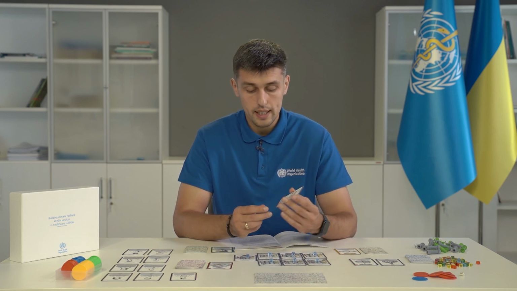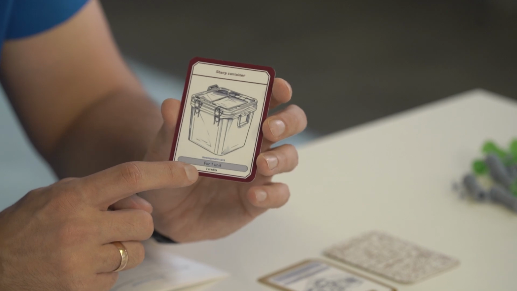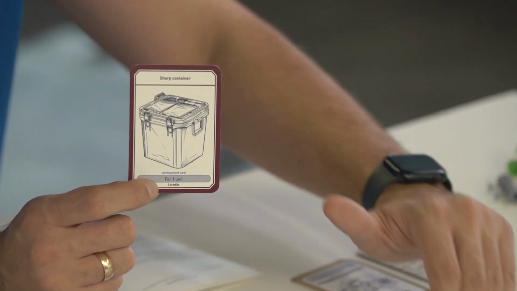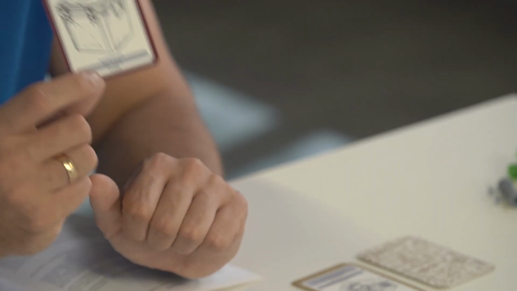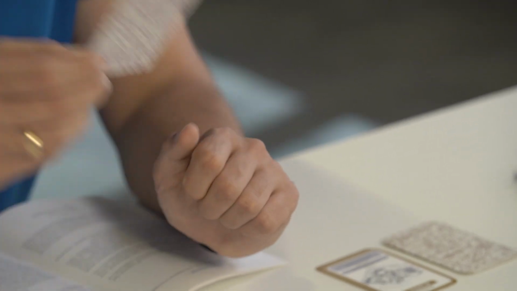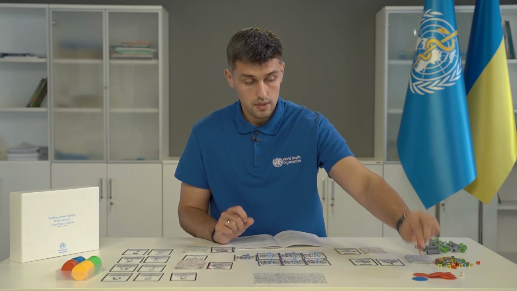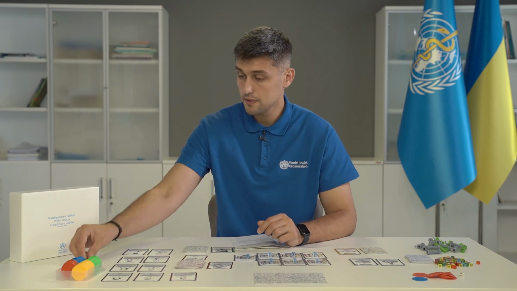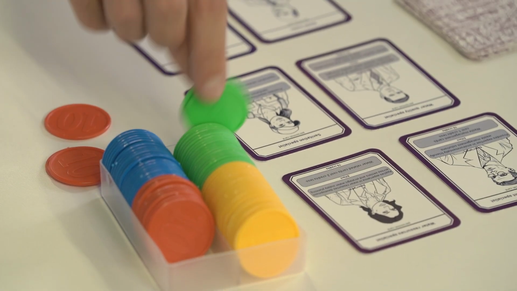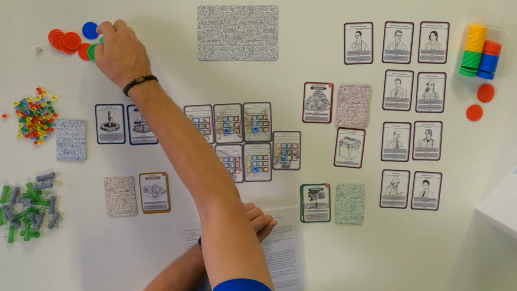So we can see that the cost of this container is 3 credits. If they would like to procure it for 2 departments, they need to pay 6 credits. So we should deduct 6 credits and give 4 back to them.